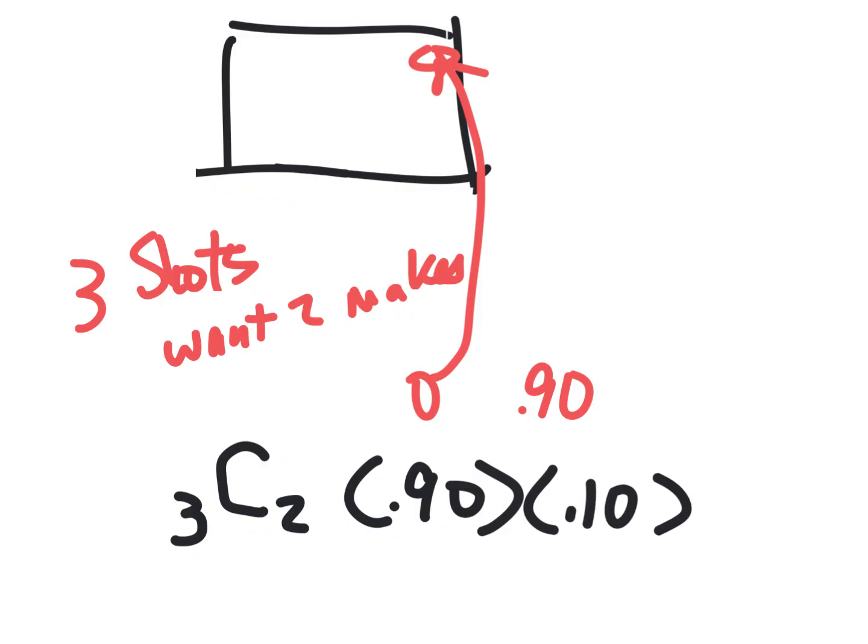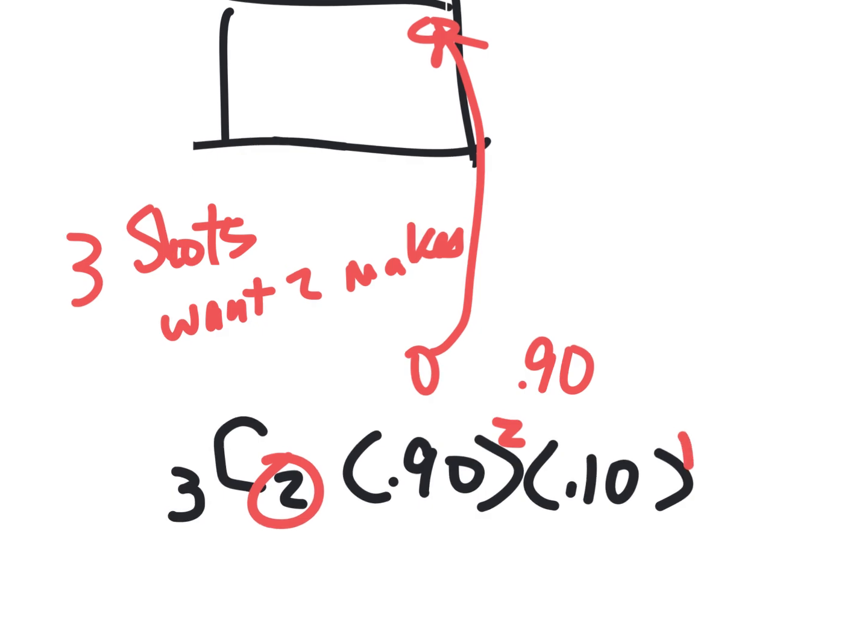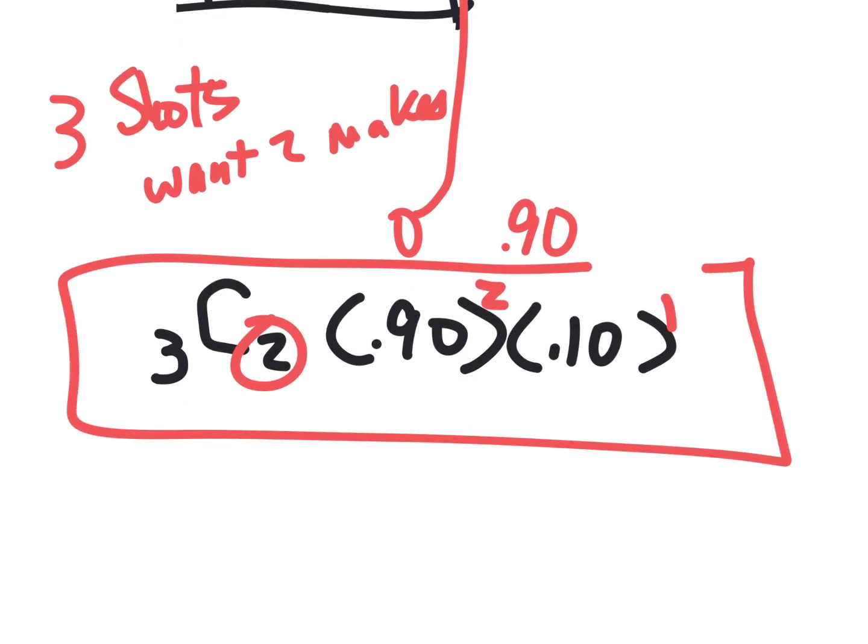And how many do I want to make? I want to make 2, so I put 2 there. And then I don't want to, but I'm probably going to have 1 miss. If I type that all in my calculator, that would tell me the probability that I would make 2 out of the 3. Does that make sense to you? How I set that up makes sense?